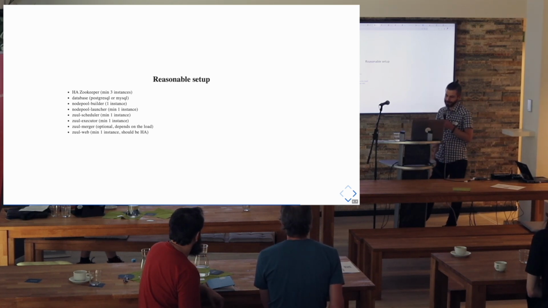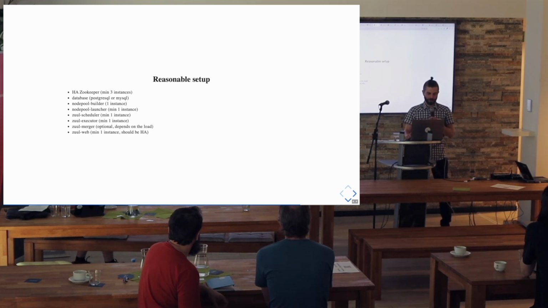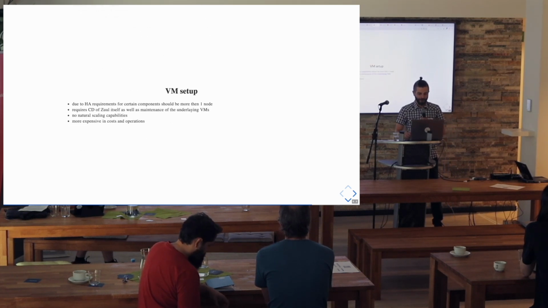So in a reasonable setup, we need to have a highly available Zookeeper with a minimum of 3 instances, because this is also a component which requires quorum. We need a database, and we need a minimum of 1 instance of those components. Zuul Web, as the service which is also offering the API, also needs at least 1 instance, but it should be highly available as well. If you are not able to reach your CI/CD system, you are sad.